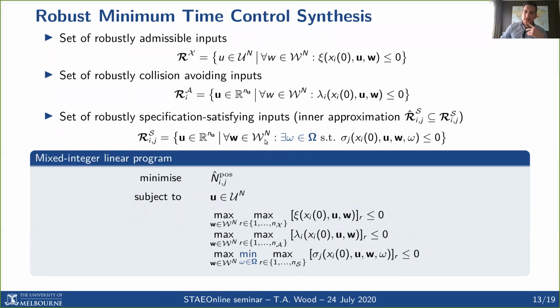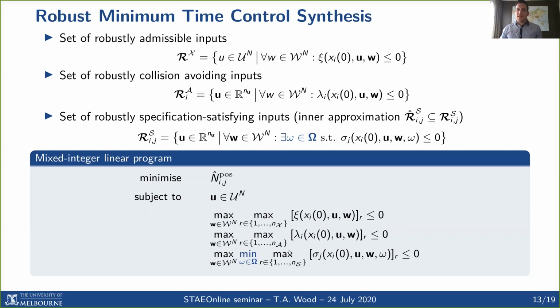On the previous slide, the specification is satisfied if there exists an auxiliary variable such that this inequality is satisfied, but we need this for all the disturbances.